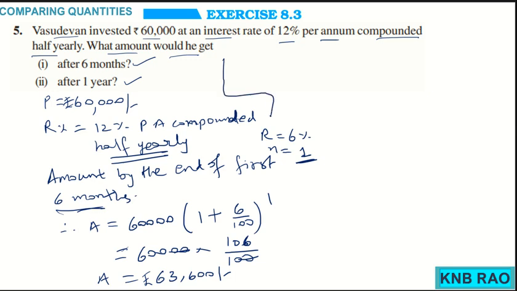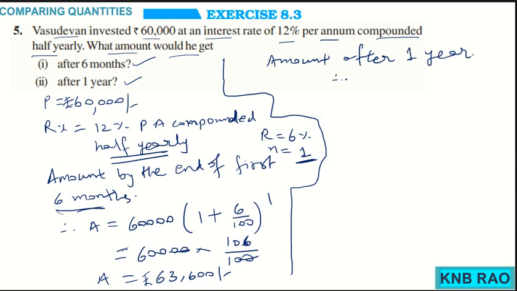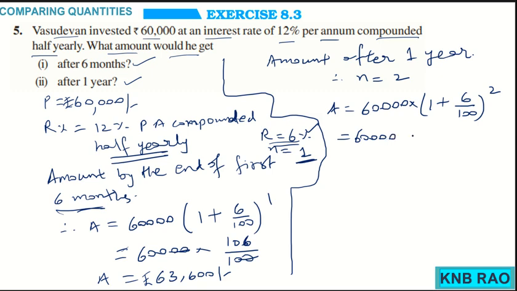Now we will go for the amount after 1 year. After 1 year, that means N becomes 2 and the rate of interest remains the same. Now amount equals 60,000 multiplied by 1 plus 6 upon 100 whole power 2, that means 60,000 into 106 by 100 into 106 by 100.